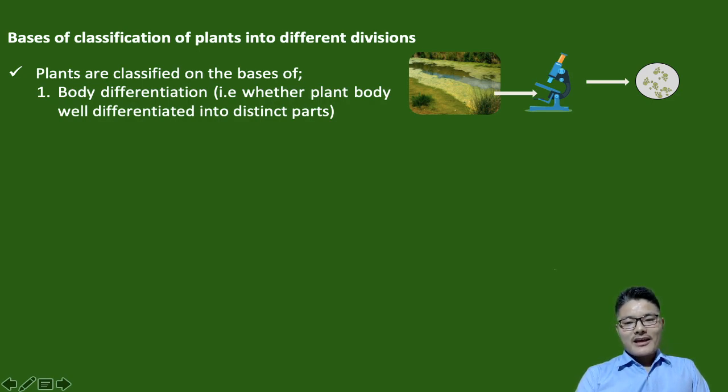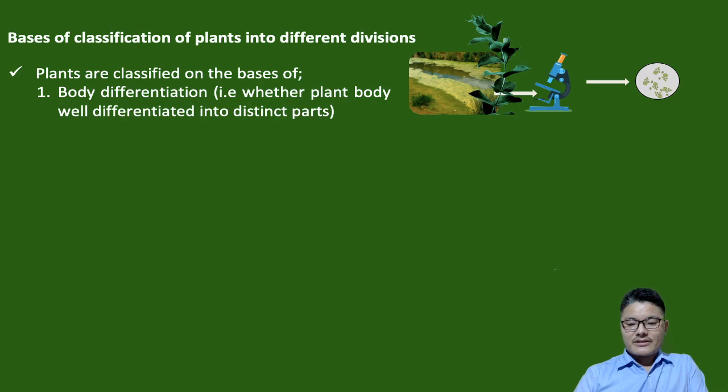So some algae are unicellular, and algae are microscopic and unicellular. And on the other hand, the plants which are growing near to it are far larger, and we can observe them.